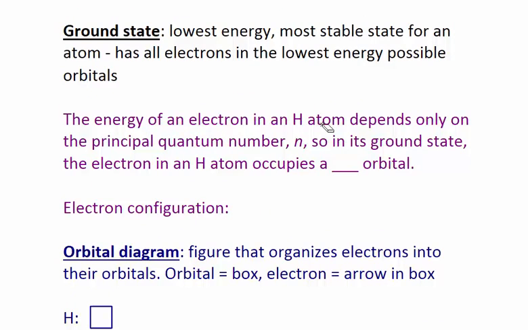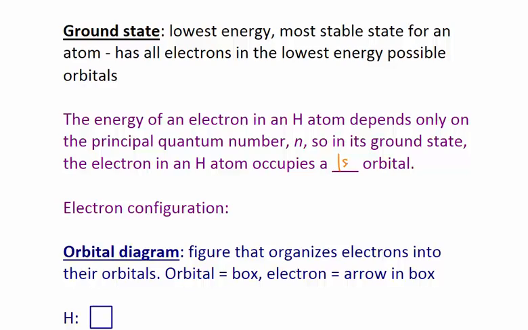The energy of an electron in an H atom depends only on the principal quantum number n. So in its ground state, the electron will occupy what is the lowest energy orbital type. Yep, it's n equals 1. And what's the only kind of shape that n equals 1 has? Yeah, spherical, okay, 1s.